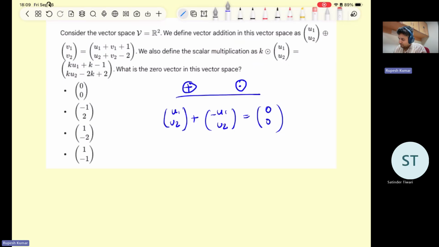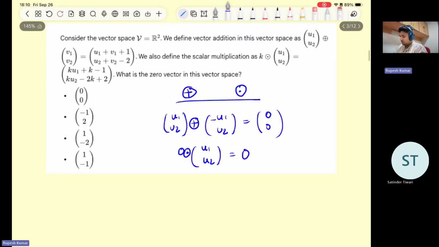So this is the idea of zero vector. Also, if you take a scalar product with zero, zero into this new vector product, the scalar vector product should result in zero. Let's try to solve this and see what we get for the value of k, right?